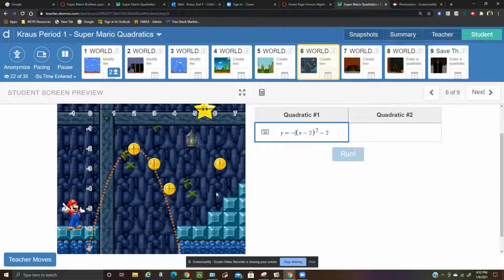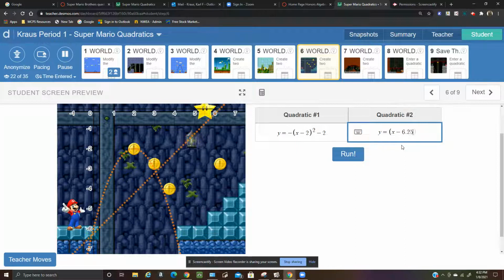And this vertex is at about 6.25, -3. And make this a negative.